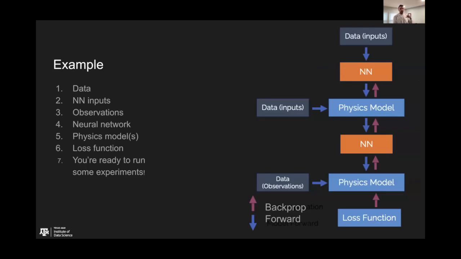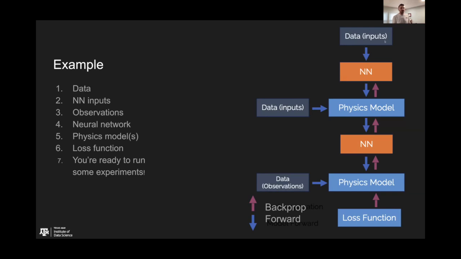So this is an overarching flow chart of how this works. Say you have some data that's going into your physics model. Say it's a simple y equals mx plus b, and we don't know the m parameter of our linear system. So we would use a neural network to learn it.